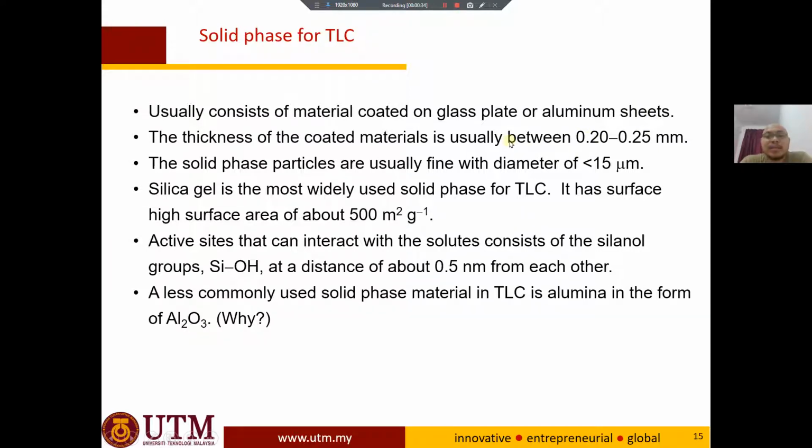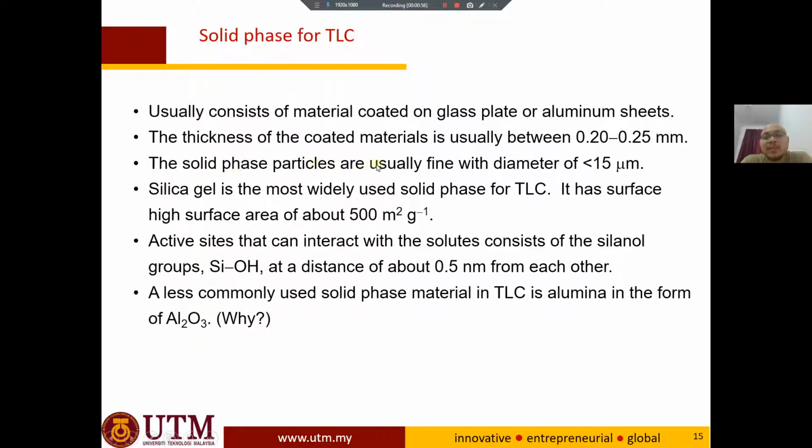It's just coated material such as silica or alumina. The base material is glass plate, aluminum sheet, and also plastic. You don't need to remember exactly 0.20 or 0.25 for the coated material.